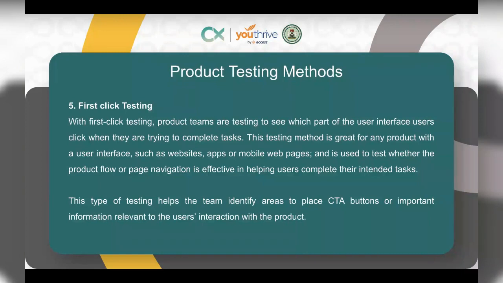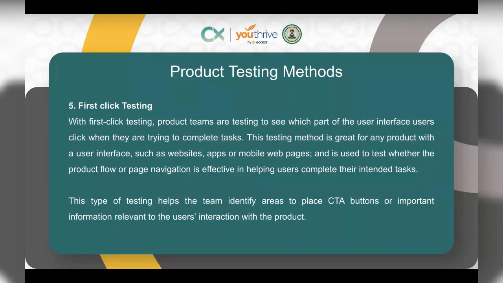If you conduct first-click testing, you are going to be able to identify the optimal placement based on feedback from this type of testing. You will realize that this is the most optimal place to place this button.